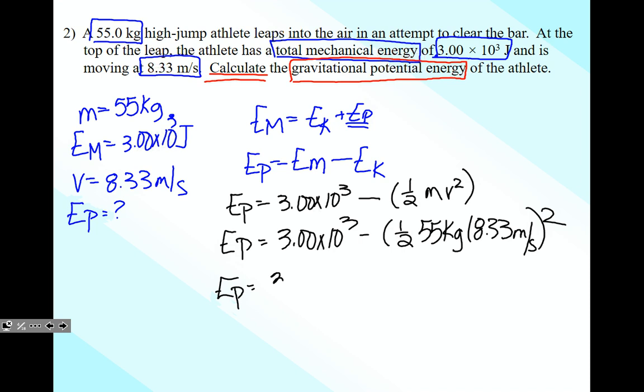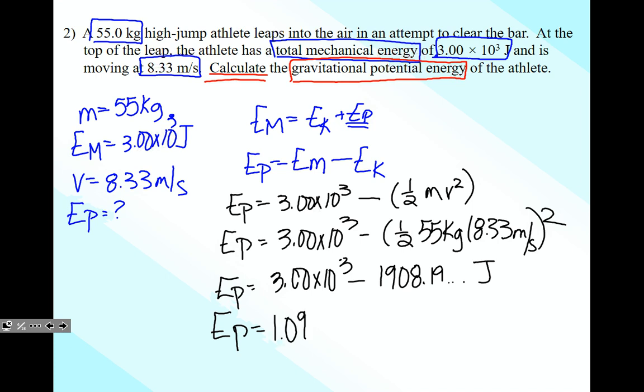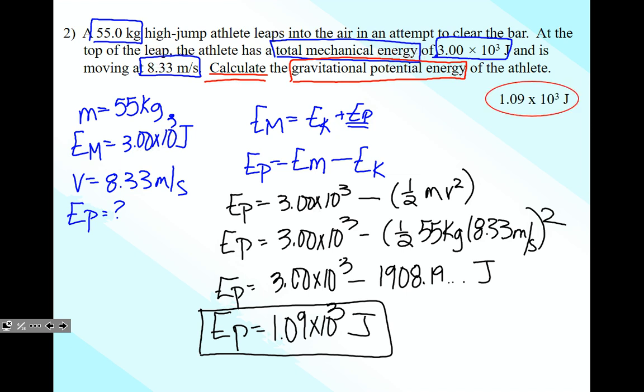EP is equal to 3.00, isn't this fun, just rewriting things over again, subtract 1908.19 joules. Let's subtract, which is going to give you an answer of 1.09 times 10 to the power of 3 joules. So in this case, I manipulated the formula to find my potential energy. Okay, moving on.